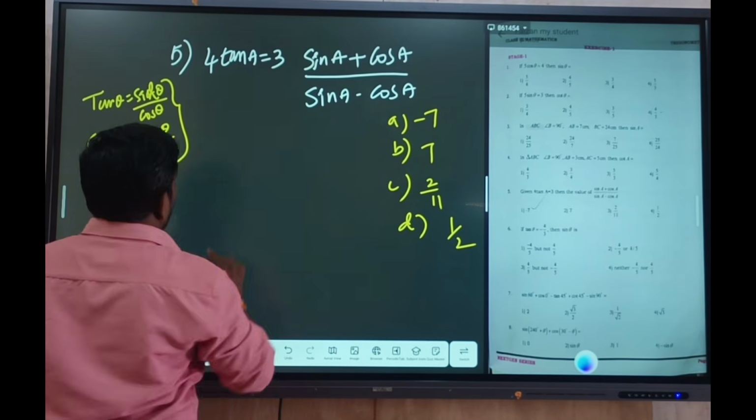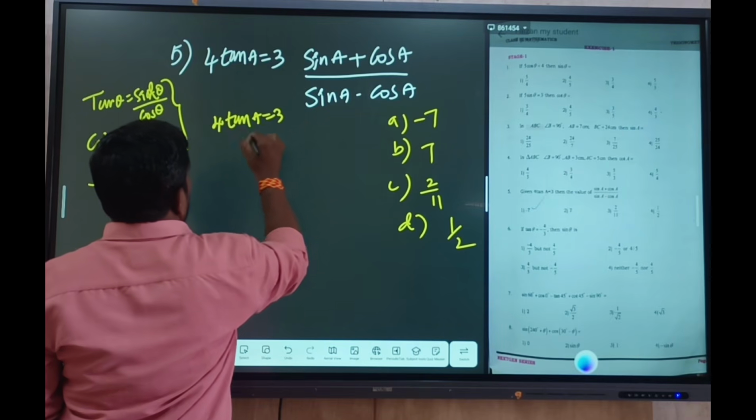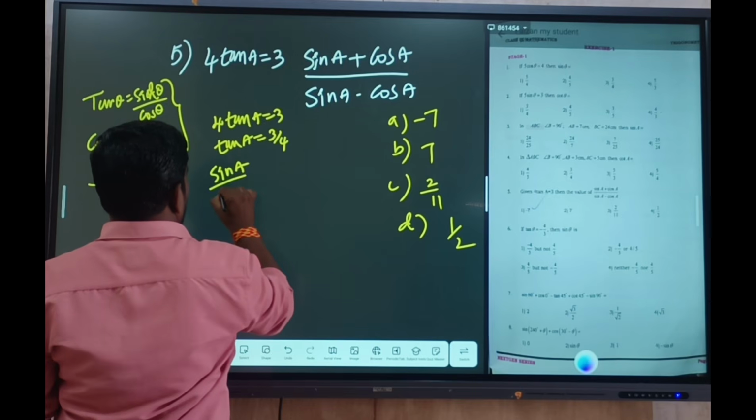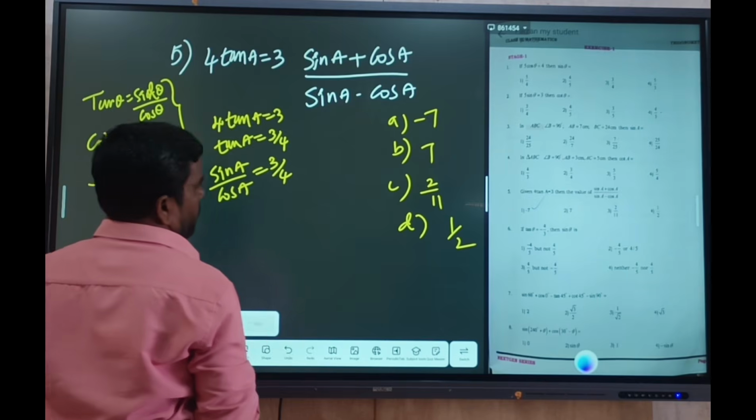This is most important. So 4 tan A is equal to 3, so tan A is equal to 3 by 4. Tan A can be written as sin A by cos A is equal to 3 by 4.